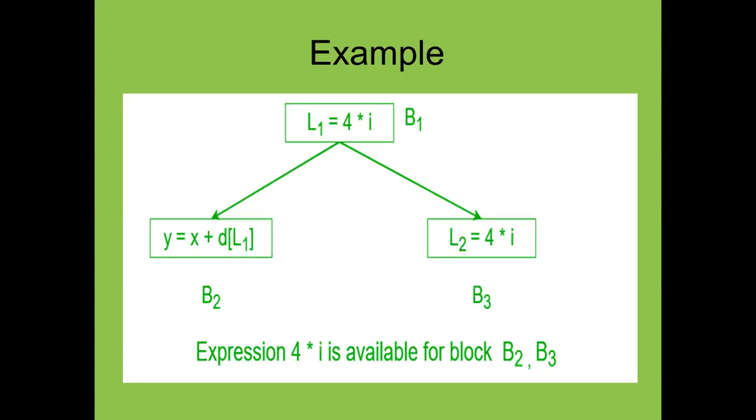Now you can see the expression 4 star I is available for blocks B2 and B3. L1, the same 4 star I, is available for B2 as well as B3, because 4 star I is the same for both.